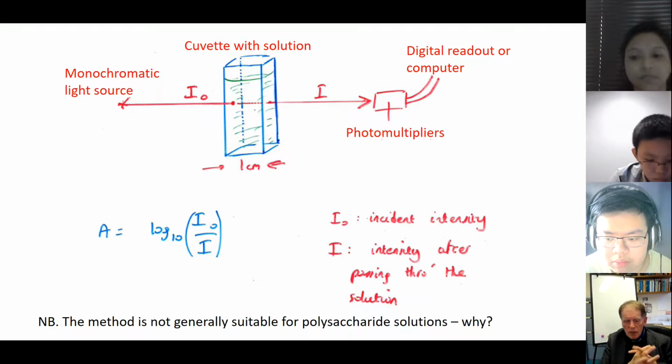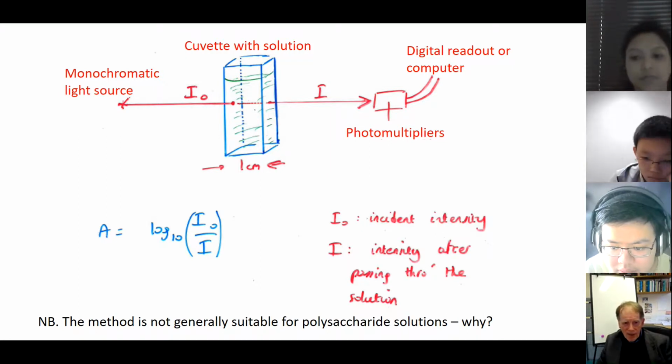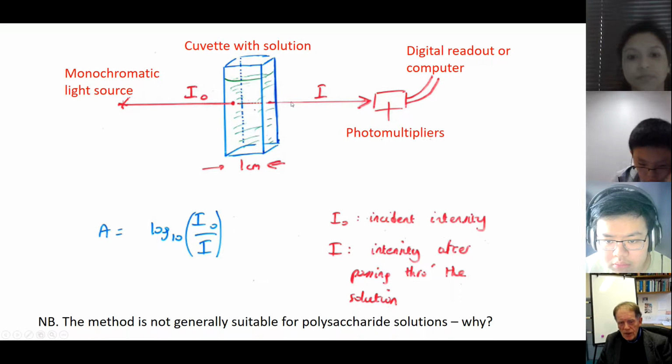So if we're measuring concentrations of protein solutions, we would set the wavelength normally to 280 nanometers, and you have an incident beam of intensity I0, and if you've got tryptophans, tyrosines and things there, that will absorb the UV radiation, with the result that the intensity which comes out of the other side of the cuvette after it's been through the protein solution will have a lower intensity because of the absorption of some of the incident light.